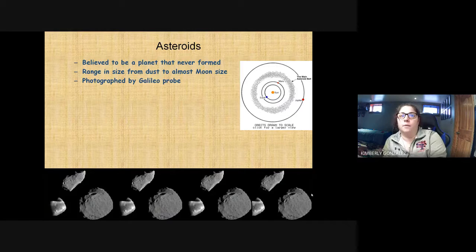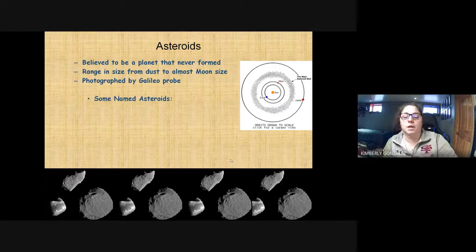Most of the asteroids that you see pictures of are photographed by what's known as the Galileo Probe. You guys all know Galileo at this point, or at least you have heard of him, okay? And they named the probe after him because he probably had a prototype that actually worked a little bit.